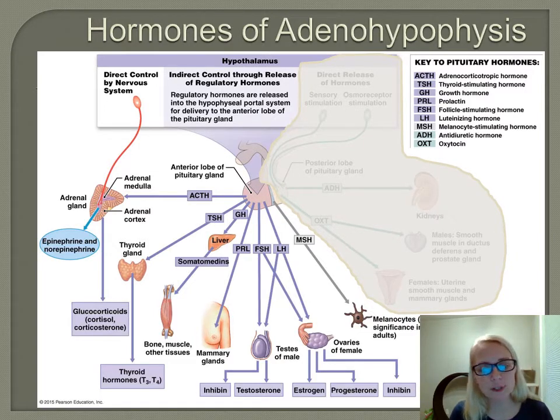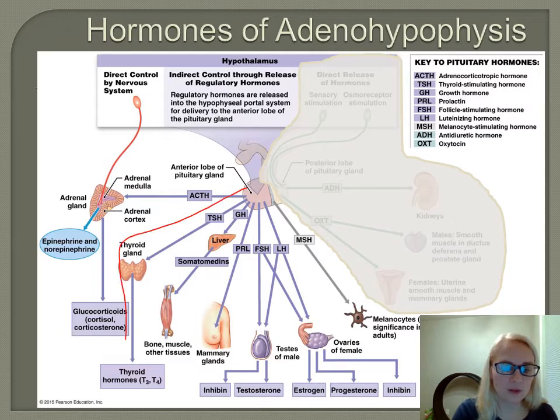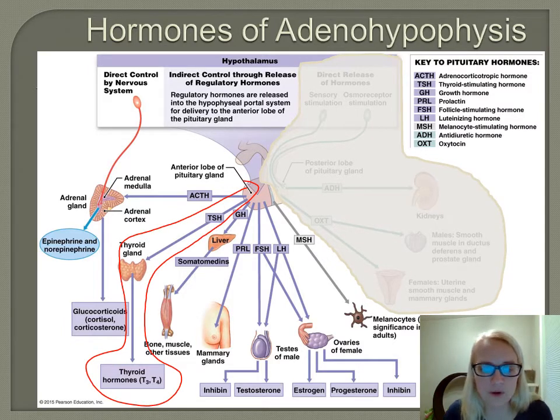So I'm just going to briefly go through this and mention some key features that are important to take away. So I'm just going to go through the list here. The first one is our thyroid stimulating hormone, our TSH. Maybe I'll just encircle them as I go through them. So thyroid stimulating hormone, and again, all of these are coming from the anterior lobe, so you don't have to say origin every time, targets the thyroid gland, triggers the release of T3, T4.